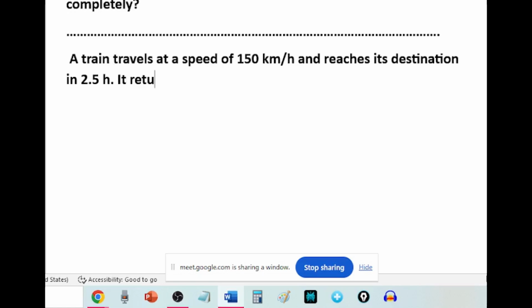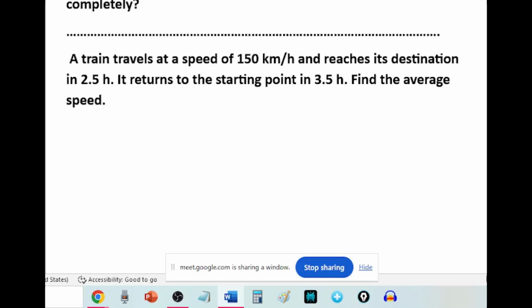It returns to the starting point in 3.5 hours. Find the average speed.